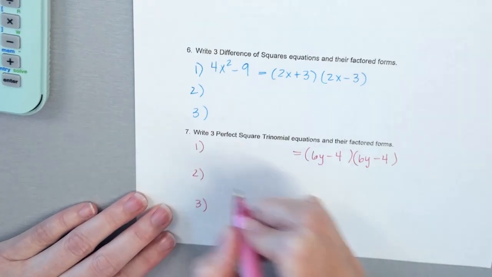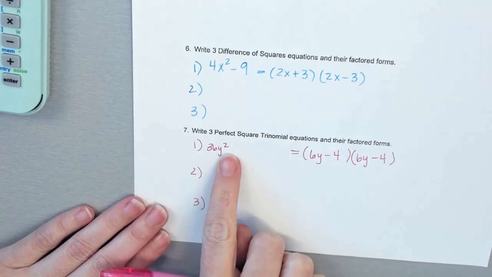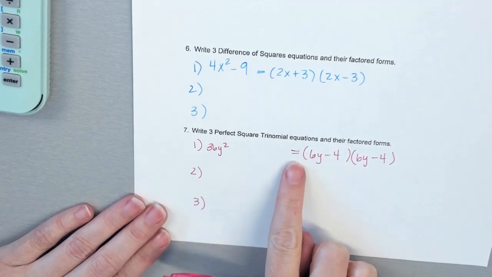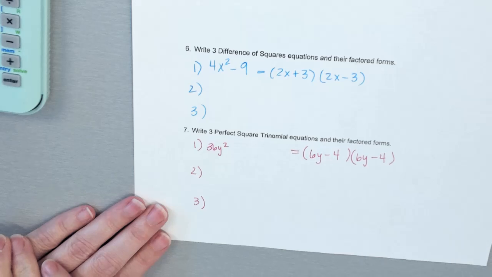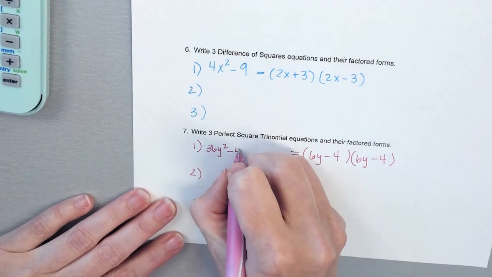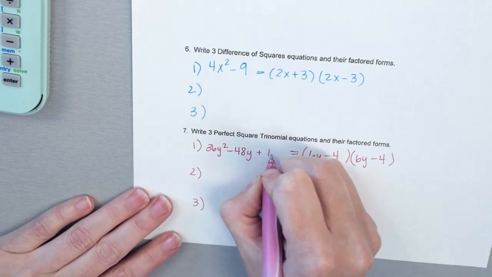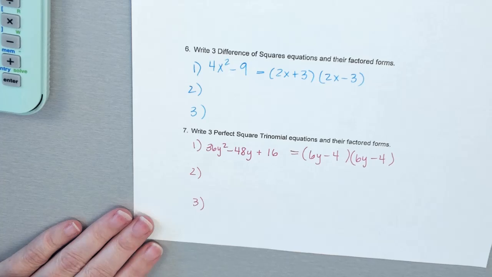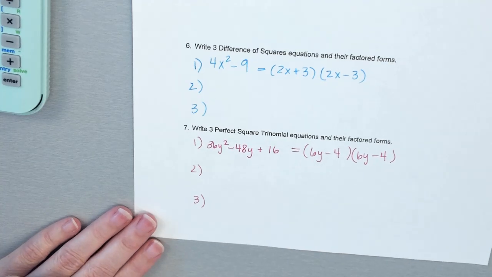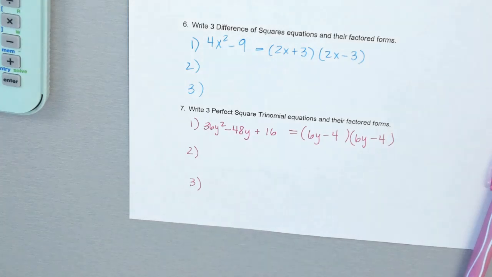So 6y times 6y would be 36y squared. Remember, this is just double of the product. So if 4 times 6 is 24, negative 24 doubled is negative 48. And then negative 4 squared is positive 16. Okay, so I want you guys to fill the rest of those out. So come up with a couple of your own.